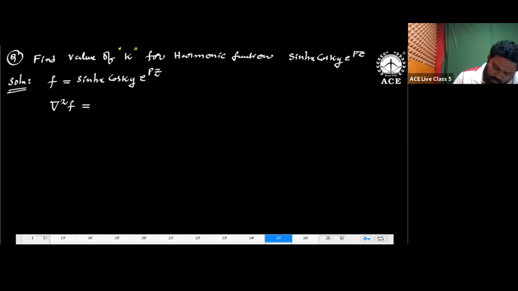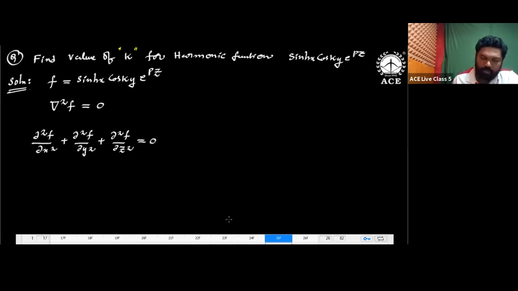Del square f is equal to 0, which is dou square f by dou x square plus dou square f by dou y square plus dou square f by dou z square is equal to 0. Just substitute this one there.